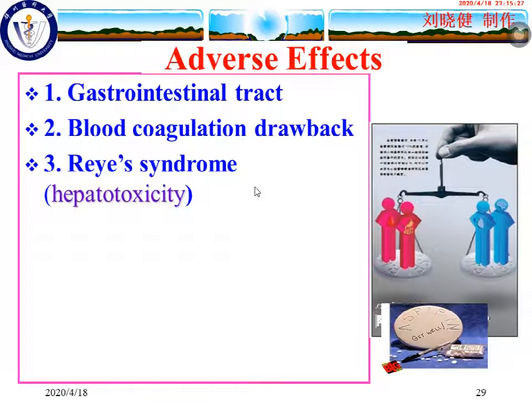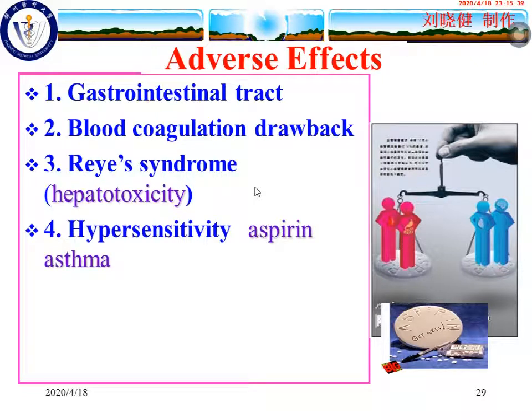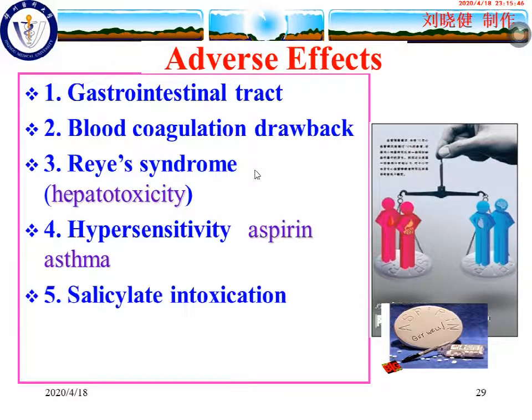They include gastrointestinal reactions, blood coagulation drawback, Reye's syndrome, hepatotoxicity, hypersensitivity including aspirin asthma, and salicylate intoxication and renal injury. Let's study one by one in detail.